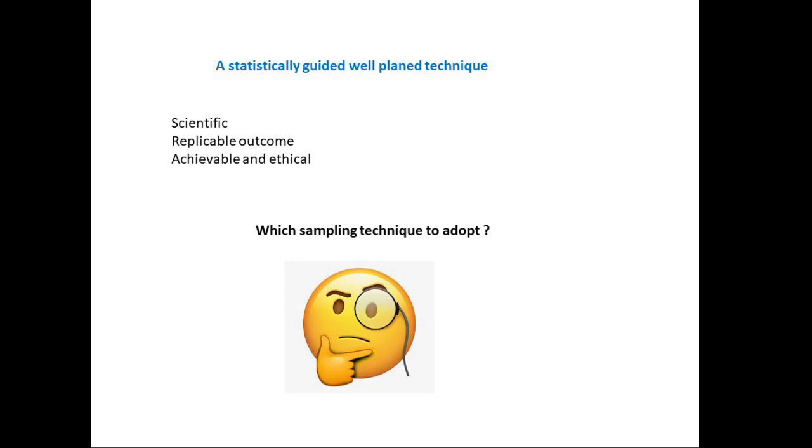The technique should be scientifically correct. It should not be illogical, unscientific, or casual. It should be scientifically strict, give a replicable outcome, and be achievable and ethical. So you have to decide which technique to use for collecting observations or samples for your study.